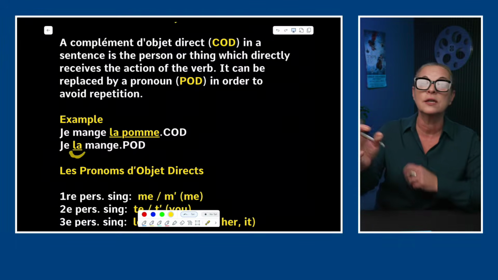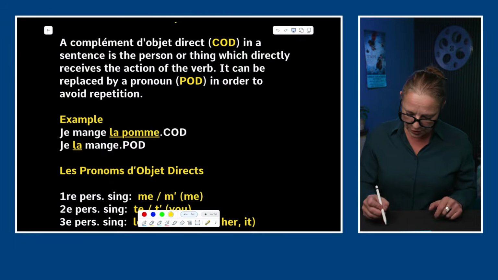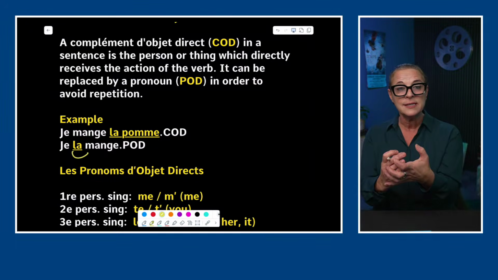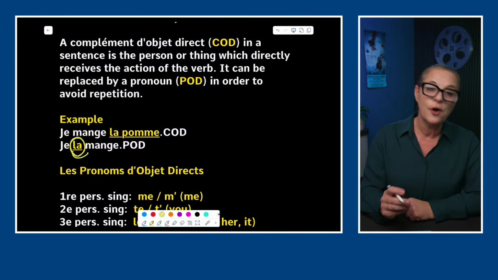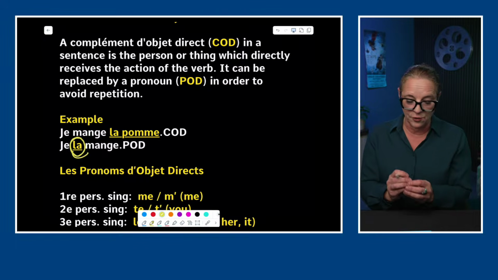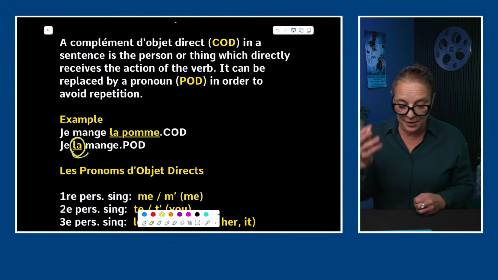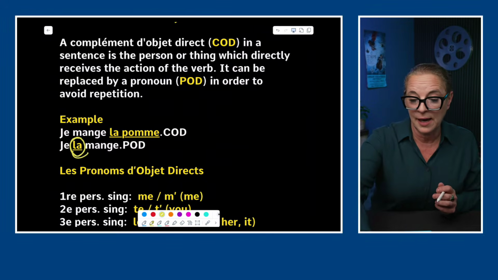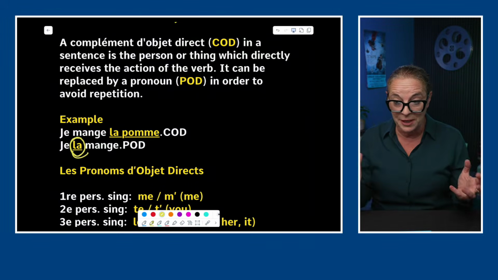Okay, so we are going to learn in a minute where they are placed. So, je la mange. Okay, je la mange. There. And that la is no longer a definite article. It is now a pronom d'objet direct, a direct object pronoun. Okay. And this is really hard to grasp, and I get that entirely, that it might be very difficult. But in a minute, I'm hoping that everything will become much clearer.